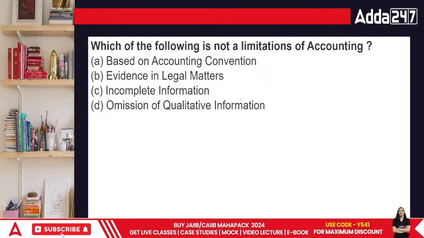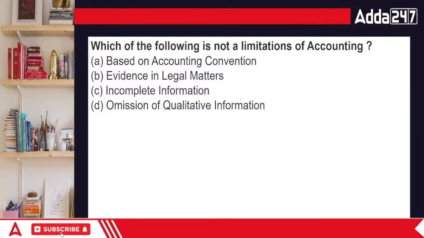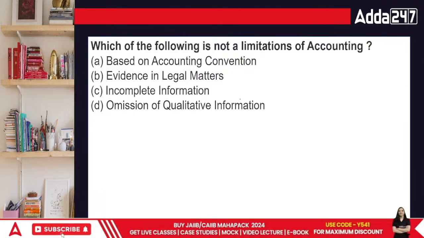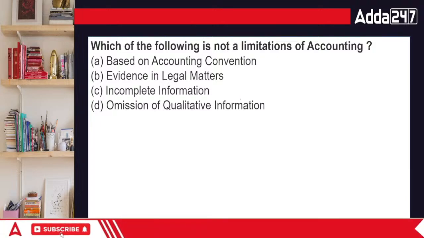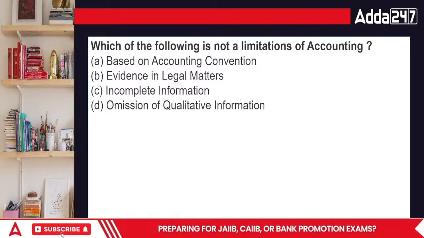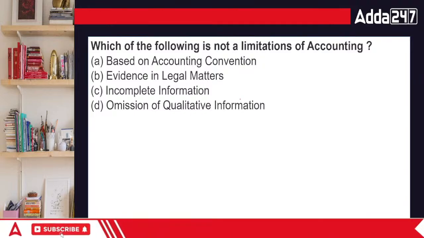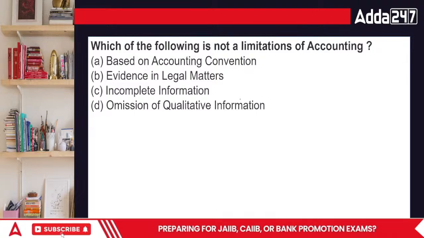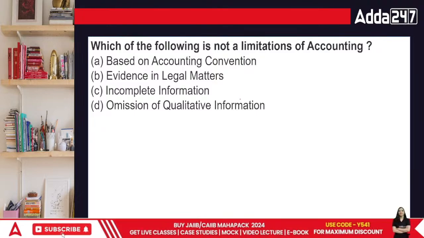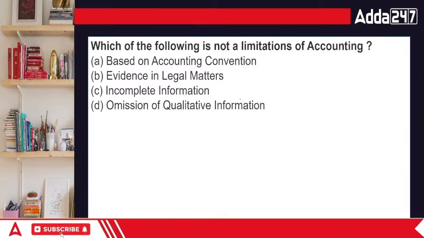Which of the following is not a limitation of accounting? Based on accounting conventions, evidence in legal matters, incomplete information, or omission of qualitative information. In accounting, we cannot record good, we cannot record bad, we cannot record which is there and which is not there. The qualitative information cannot be considered here.